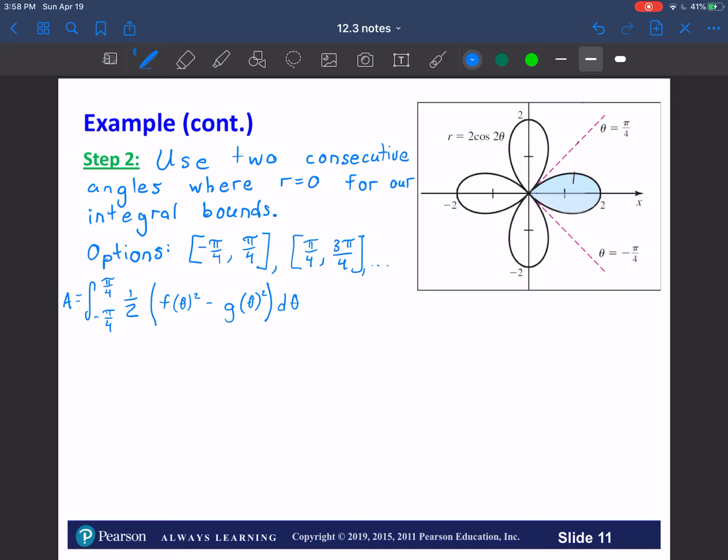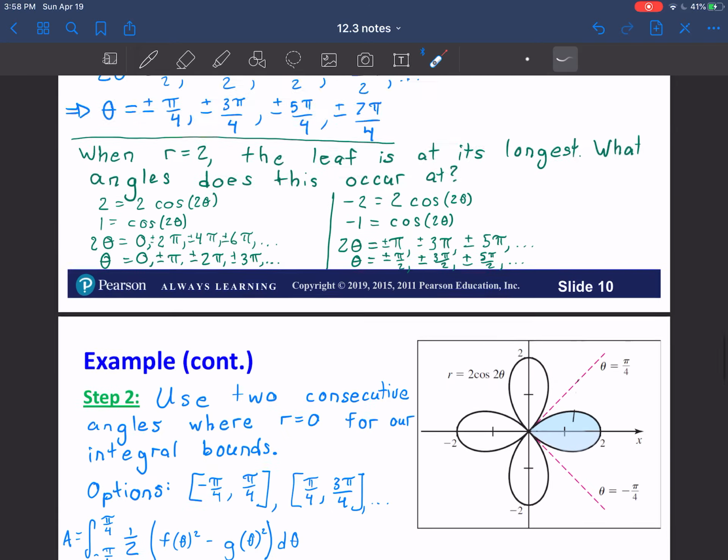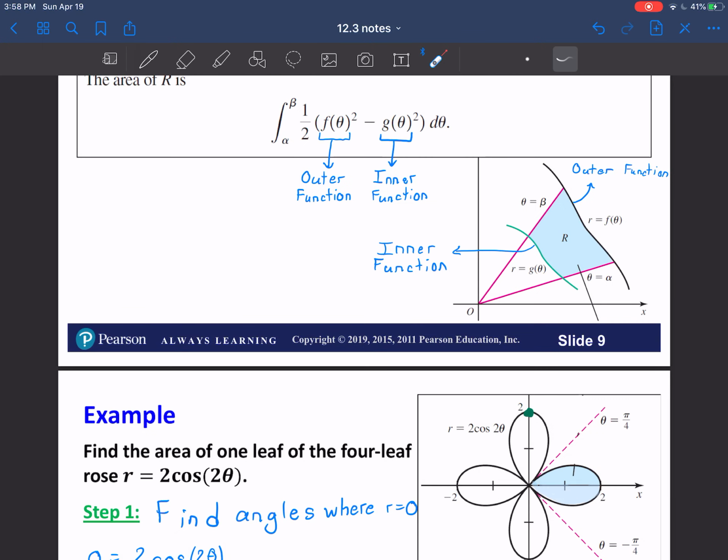In this particular case, notice that if we were to draw a radial line, so a line from the origin through our region, we already start within our region, right? There is no entry point like there was in this example. There was no segment of area where we drew the line and we weren't already in the region.